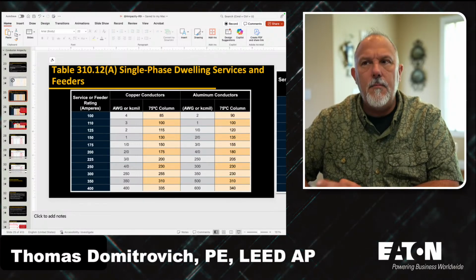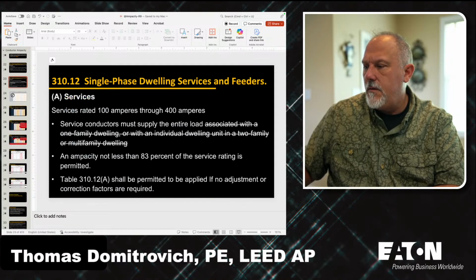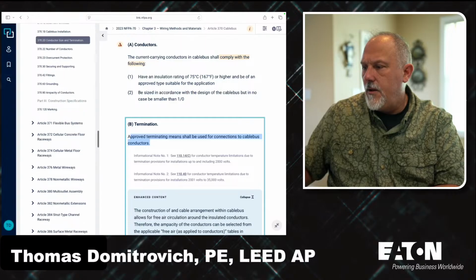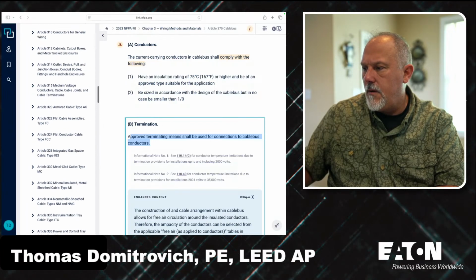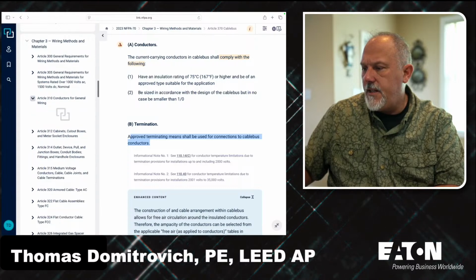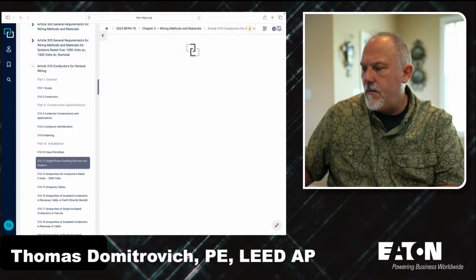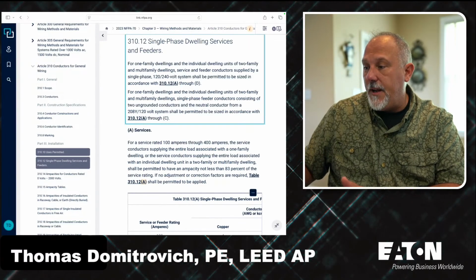What do you think about moving the 310.12? Let's take a look at where 310.12 is. Here's 310.12. So it says installation, uses permitted.